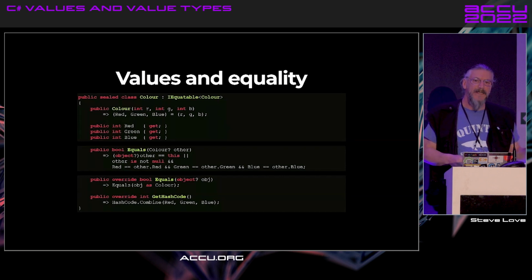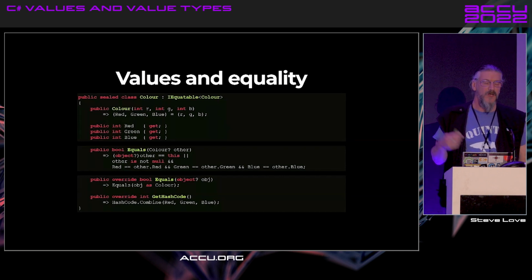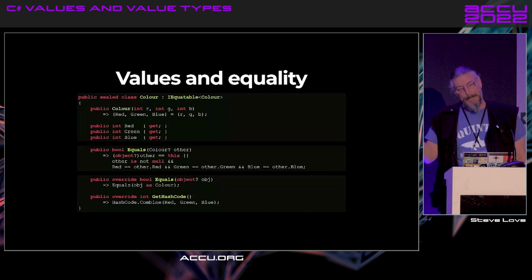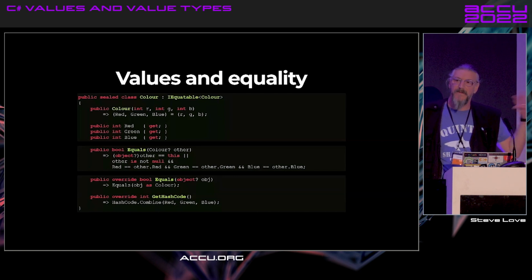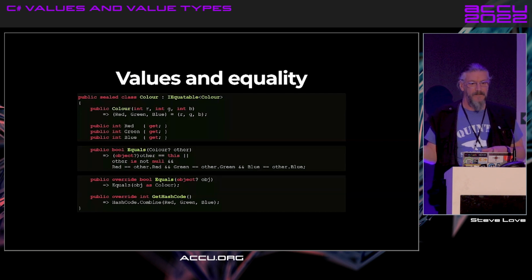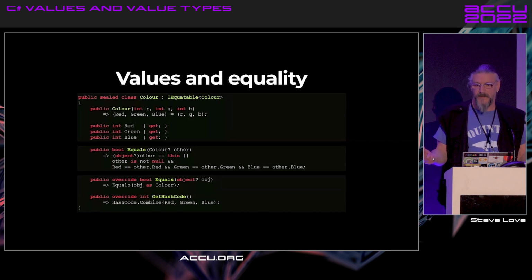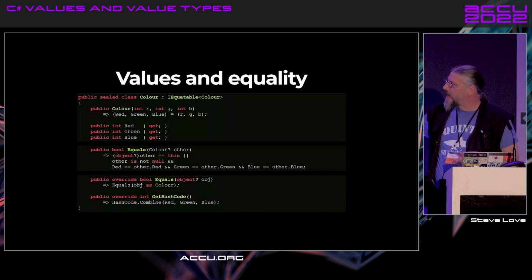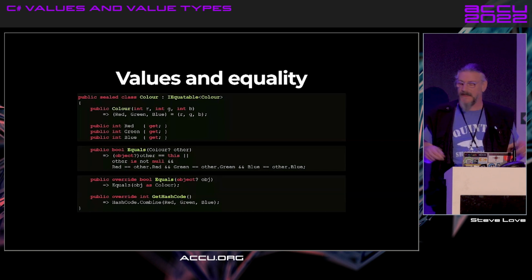It's basically an indicator to the compiler that your type has this type safe equals method, and the compiler jumps through hoops, and the runtime to an extent jumps through hoops, to directly call that if it can. So if you've got two variables of type color, rather than one variable of type object compared with a color, you'll end up calling the type safe one as long as the two variables are that more specific type.